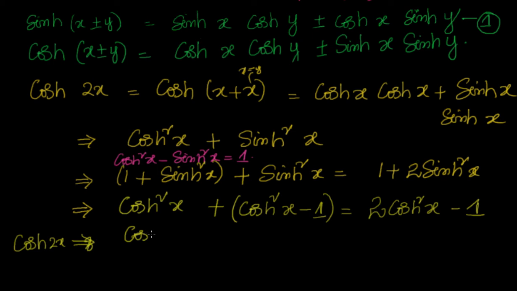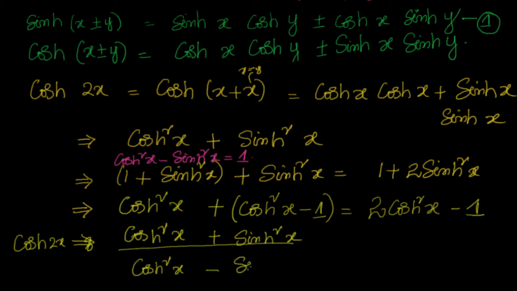equal to, we have just now proved that it is cosh²x plus sinh²x, that I will divide by 1. I know that 1 is nothing but cosh²x minus sinh²x.